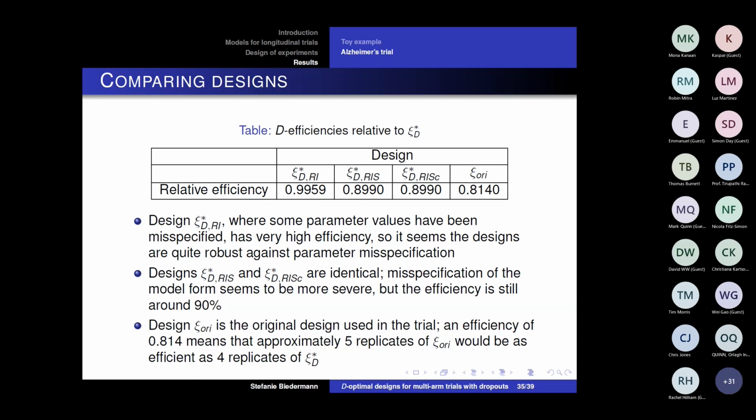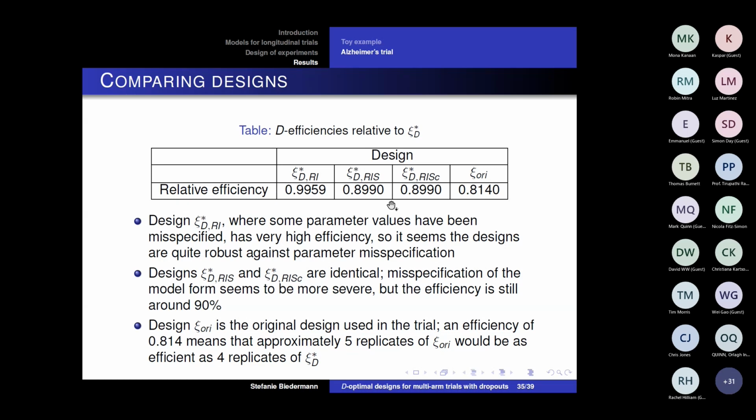correlation parameters. We then had two other designs, where we had misspecified the model form of the random effects. They both had a random slope as well, and here they were correlated as well, and that gave approximately 90% efficiency.